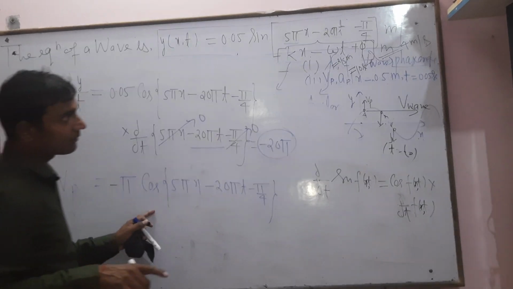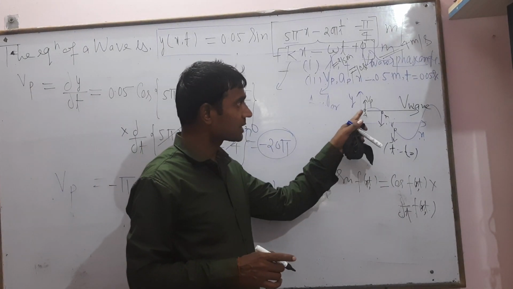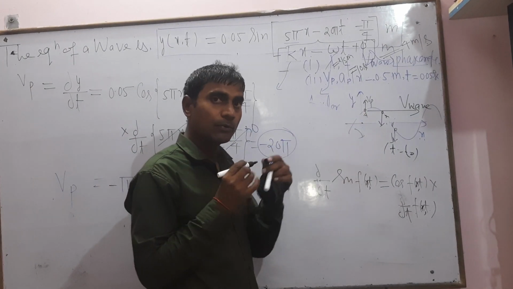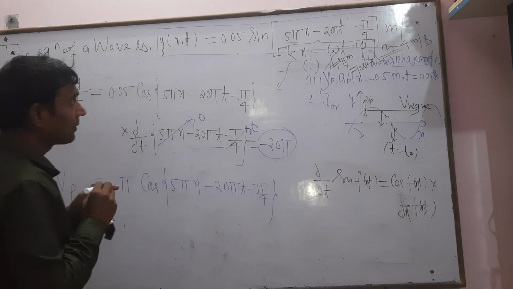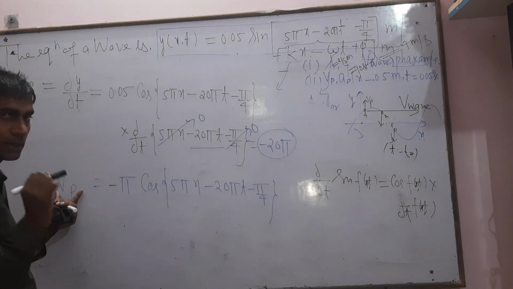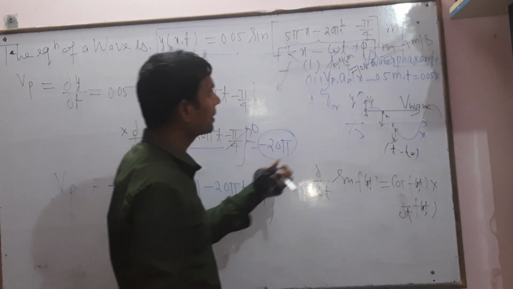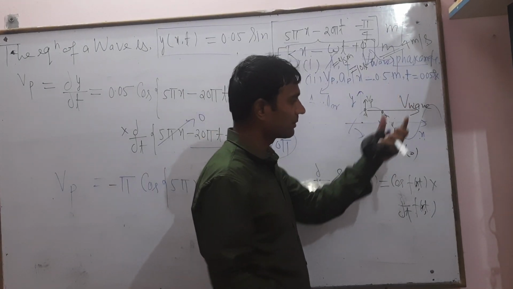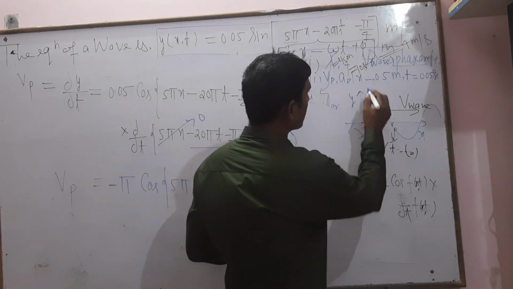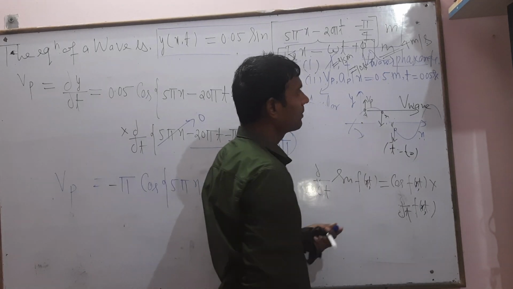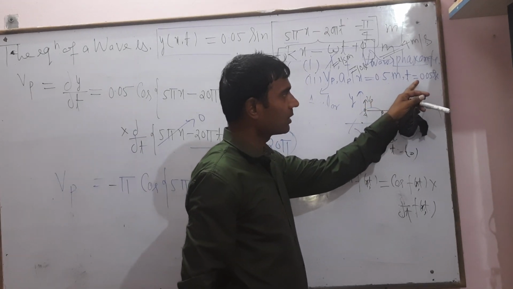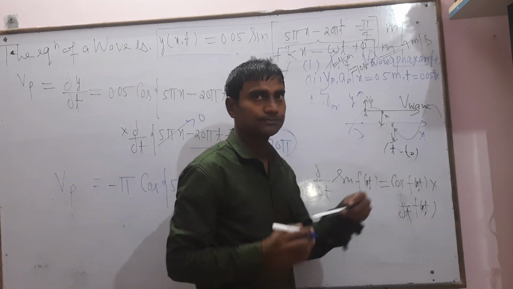Now we have to find the particle velocity at a particular position x and a particular time t. The given x equals 0.5 meter and the time equals 0.05 second.